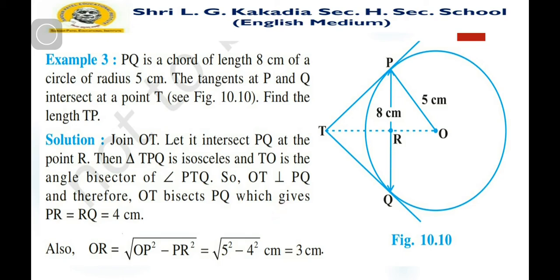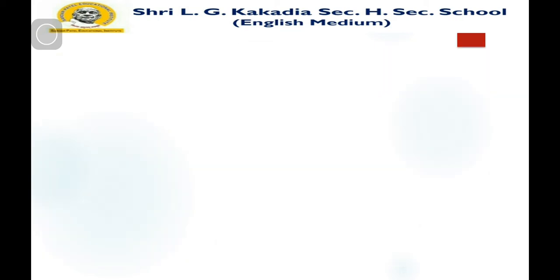Now in triangle PRO we have all the sides. Now we just prove that this is similar to the other triangle, by the AA rule.